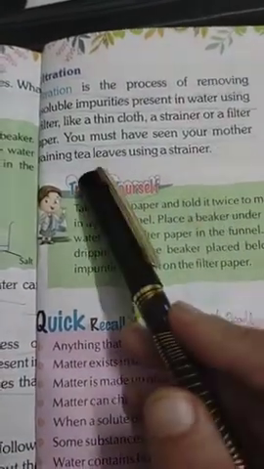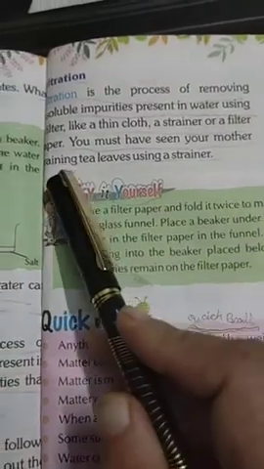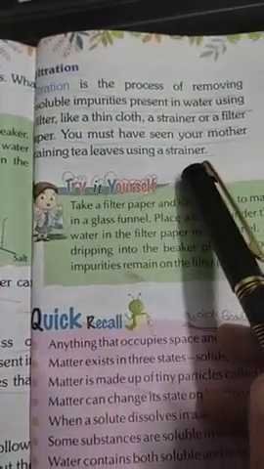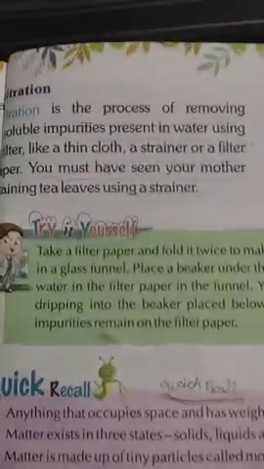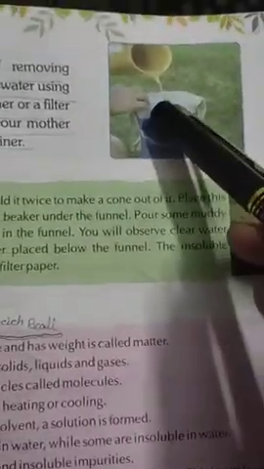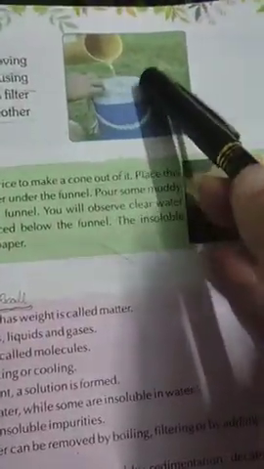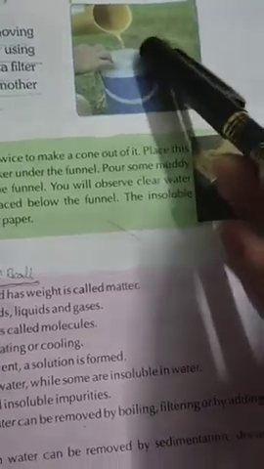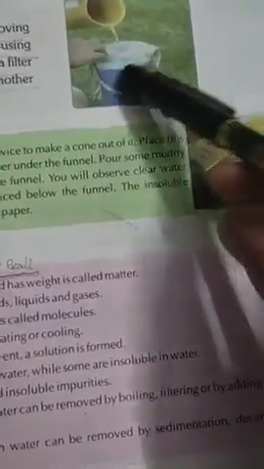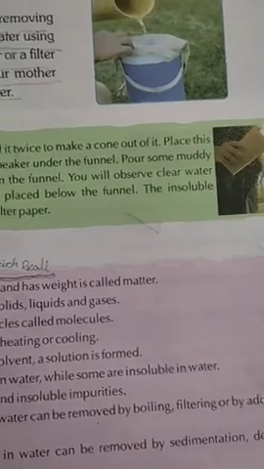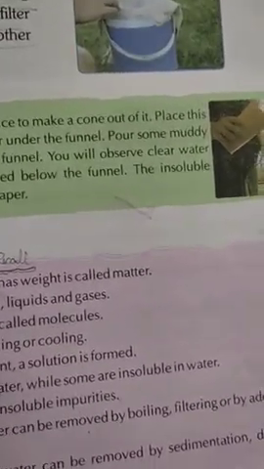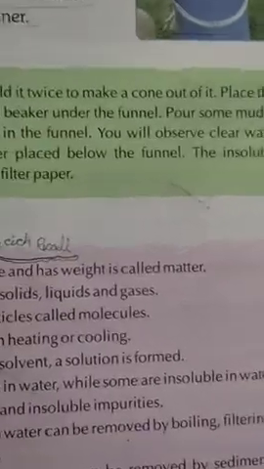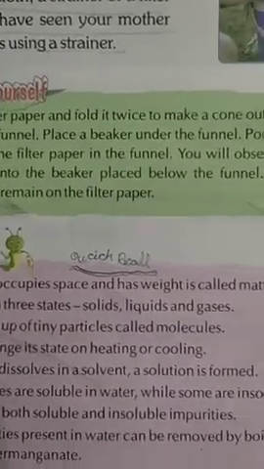You must have seen your mother straining tea leaves using a strainer, or a sieve is also there. So we can filter insoluble impurities with the help of a strainer, or if a piece of cloth is there, then we can take the help of that piece of cloth also. Understood? To separate the insoluble impurities.